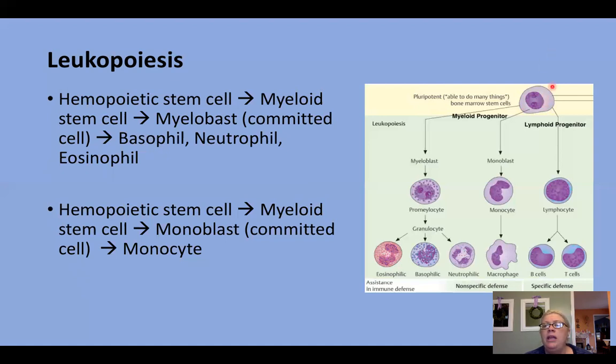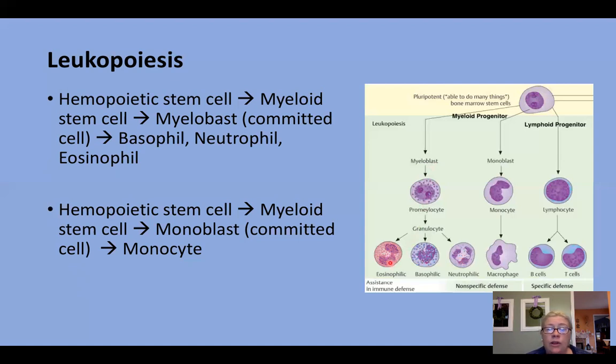The hemopoietic stem cell is going to become a myeloid stem cell. That myeloid stem cell is then going to become a committed myeloblast. So myeloblast is the committed cell. Once it becomes a myeloblast, it's either going to then mature into a basophil, a neutrophil, or an eosinophil.